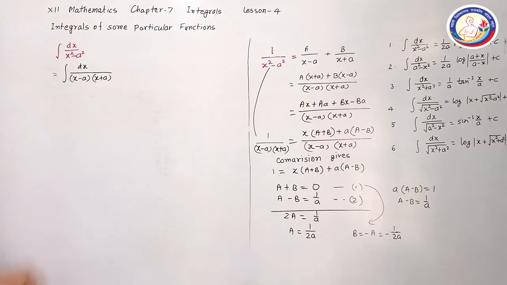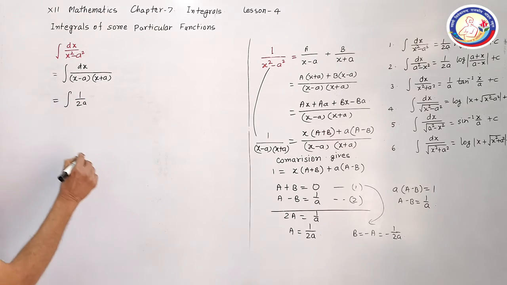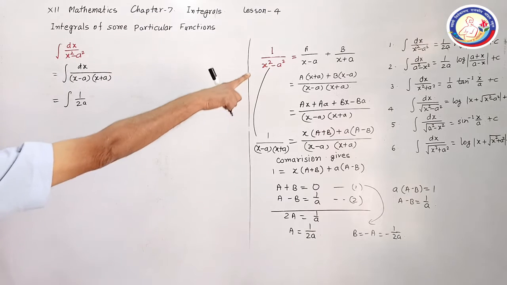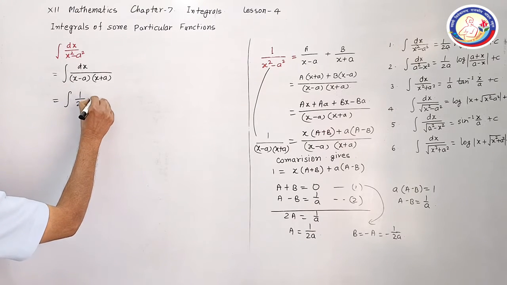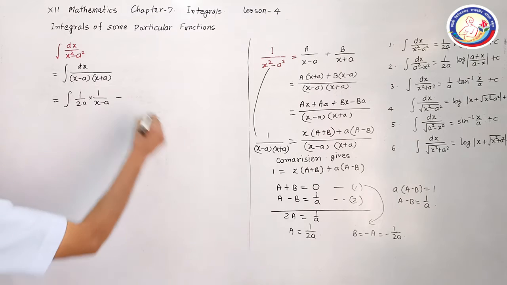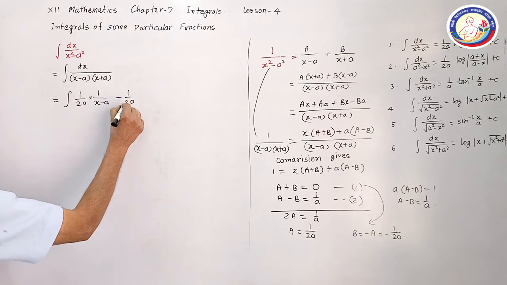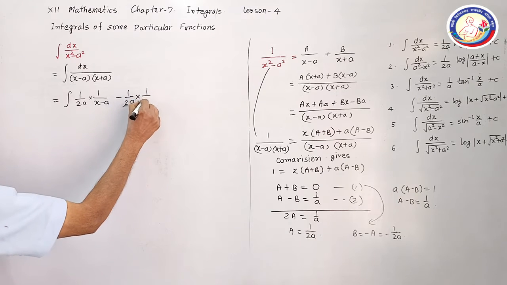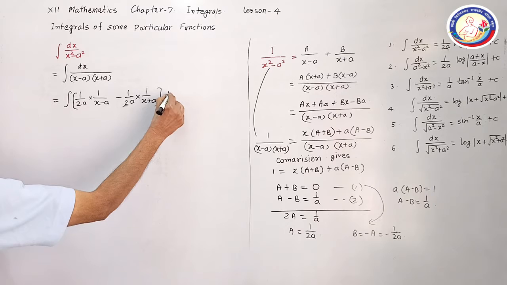So I can replace this with 1 upon 2a, the value of A here, into 1 upon x minus a, and minus 1 upon 2a into 1 upon x plus a, dx.